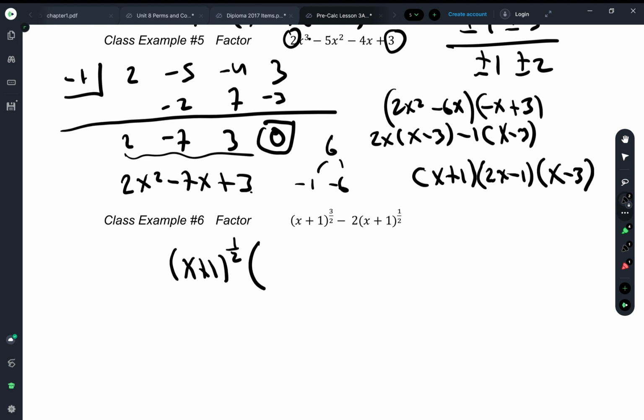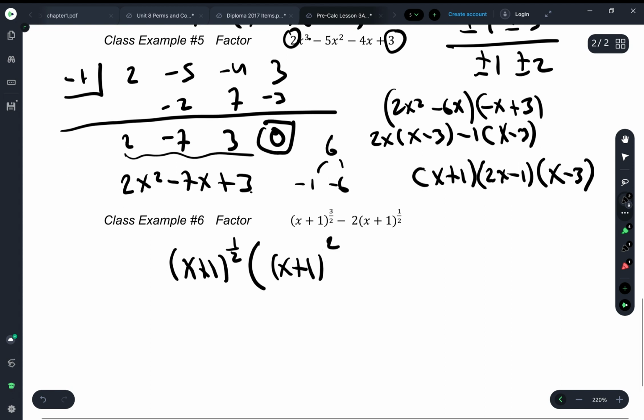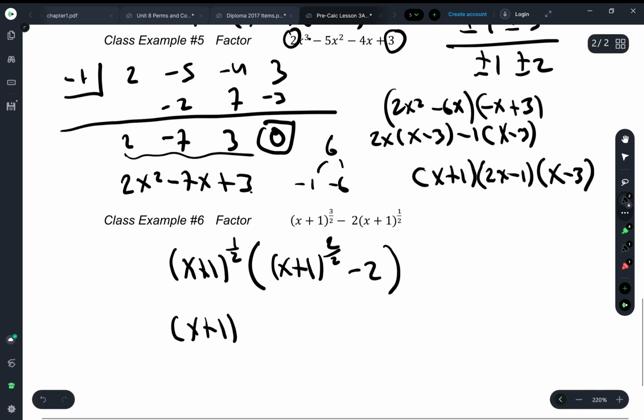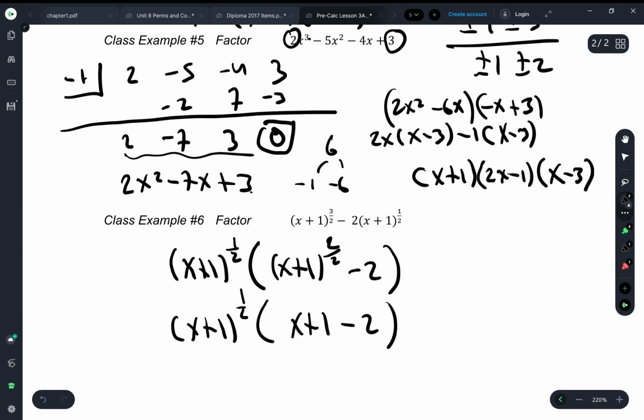When I do that, if I take a 1 half out of a 3 halves, that makes it x plus 1 to the 2 over 2, which is just 1, but I'll write 2 over 2 for now, just so you can see it. And then if I take this out, it's just a minus 2 here. Well, 2 over 2 is really nothing, so we're able to drop that and write it just x plus 1 minus 2.